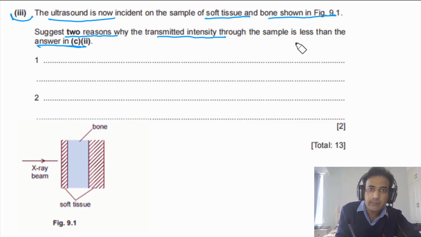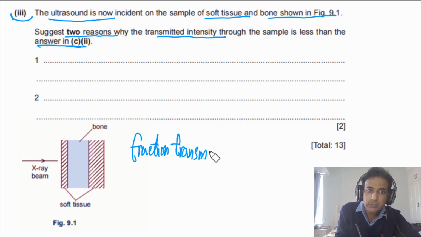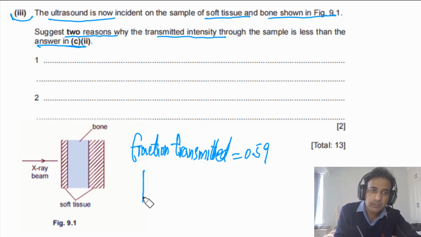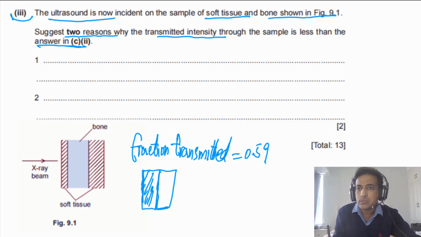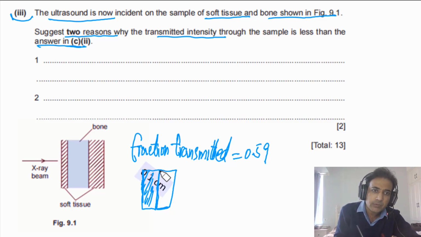In C2 we found the fraction transmitted is equal to 0.59, and in that case we just considered one boundary, the boundary between soft tissue and bone.